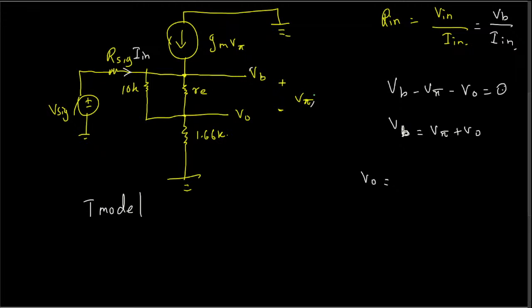And V5 is right here. V is equal to I times R. We don't know the I. 10K and RE are parallel.